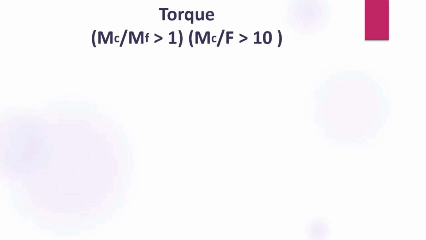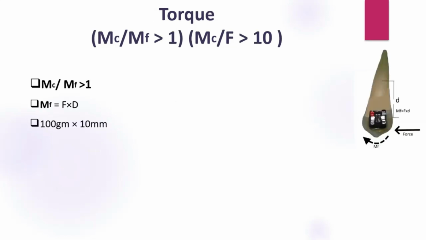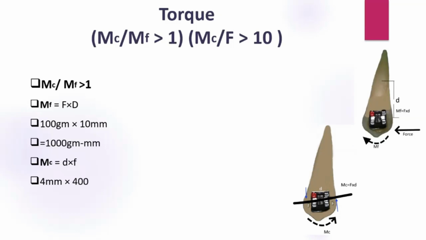In this example, the moment of force would remain 1000 gram millimeter. But if we apply a greater force of 400 gram, we would generate a moment of couple of 1600 gram millimeter. This greater force is usually produced when we give some gable bends in the wire, or when we insert the bracket at an extra angle, or when we use extra tip in the brackets.